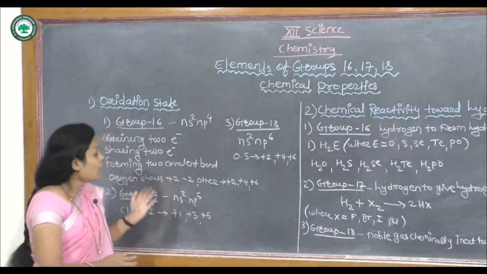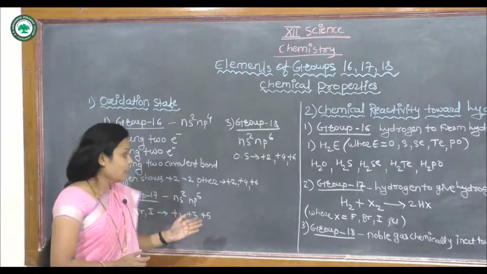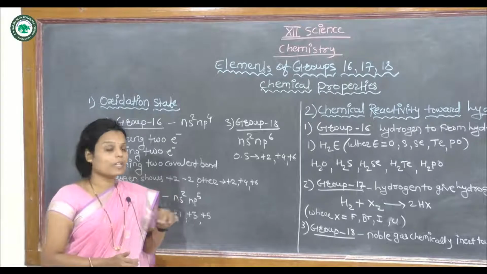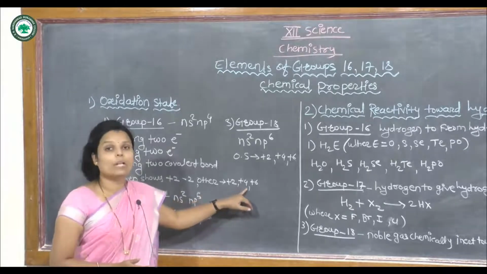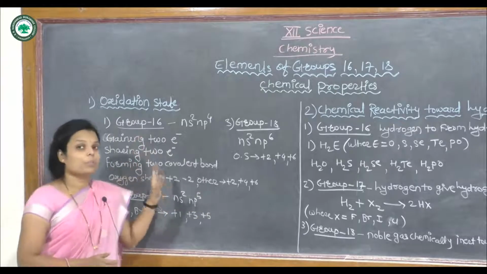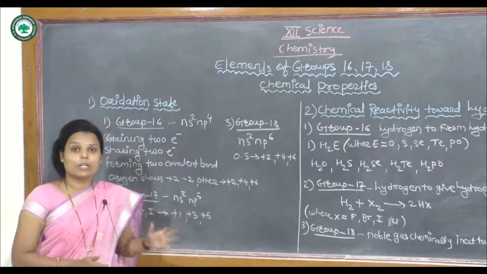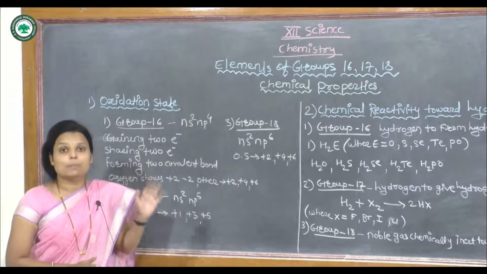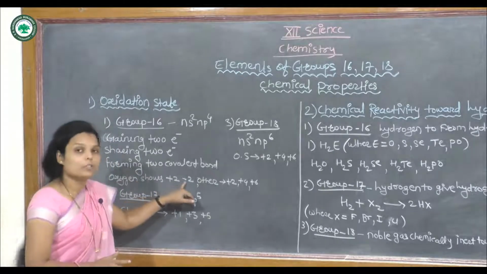The other elements show a number of oxidation states: +2, +4 and +6. Only oxygen, because it is the most electronegative atom, shows only the +2 and -2 states.